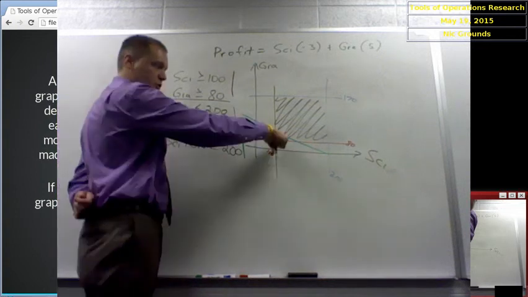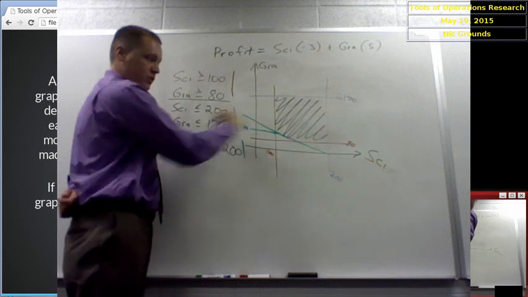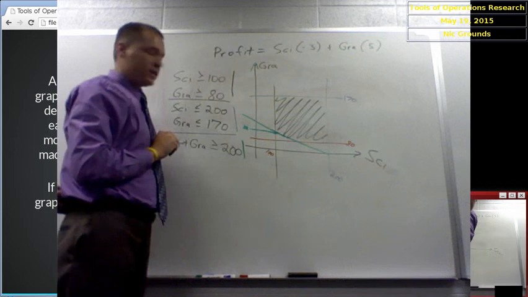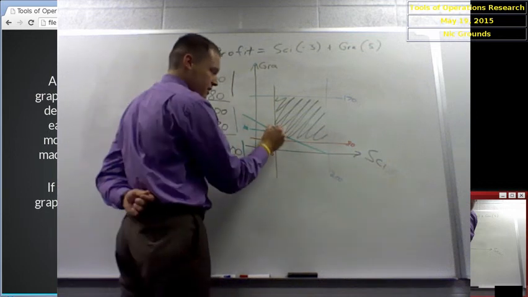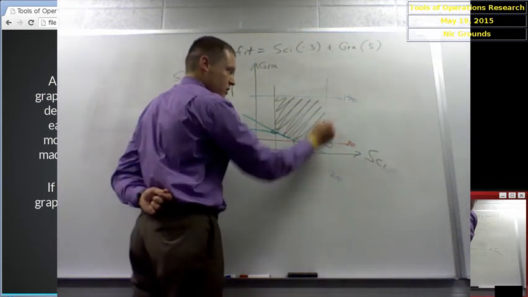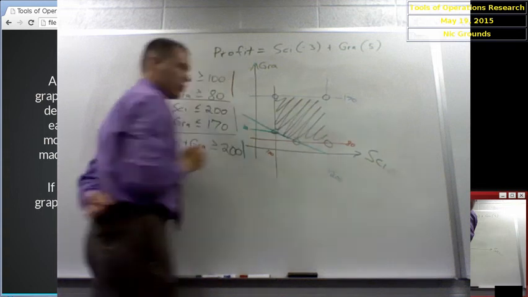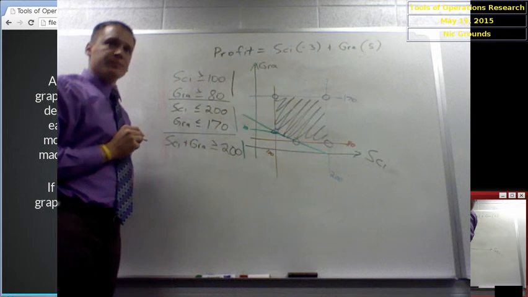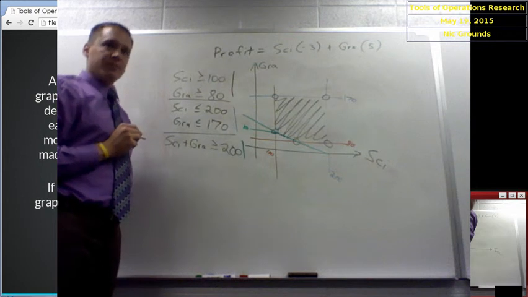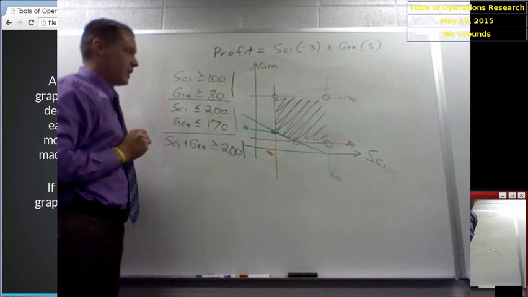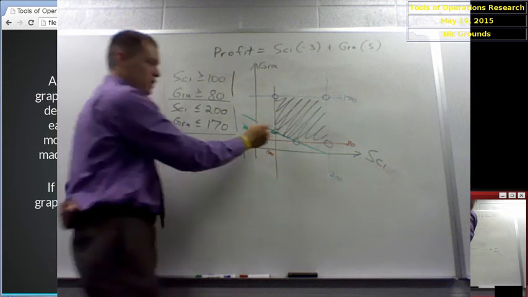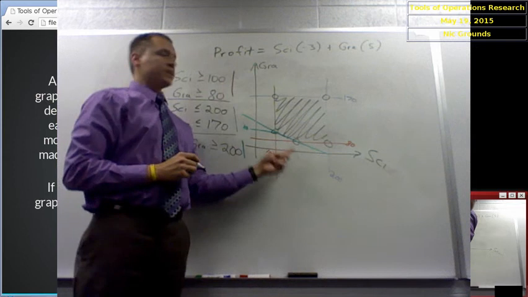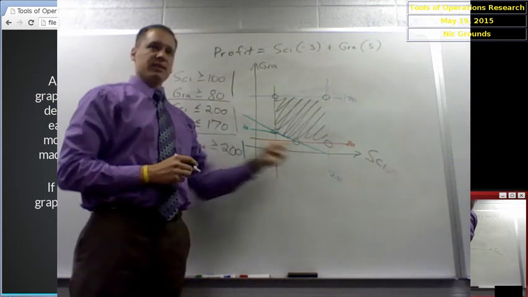So we can't go below the green line, can't go below or to the left of any red line, and we can't go above or to the right of any blue line, which means we have 5 possible corners. Everybody with me? All right. So 5 possible corners where constraints meet up, where we know, by definition, the maximum profit has to be.